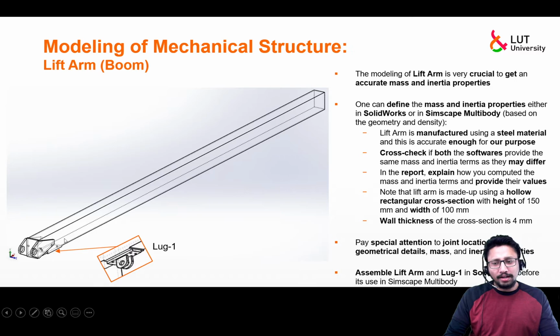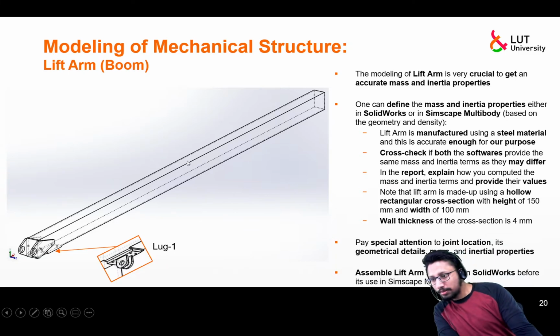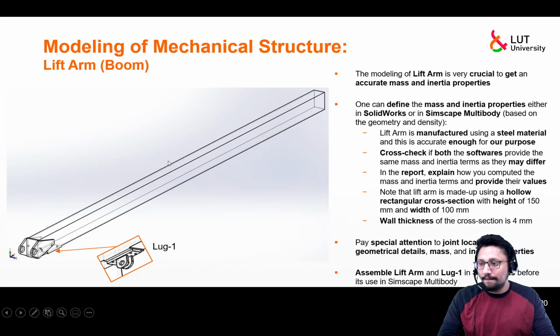So it would be a good idea, once you have modeled this part, to assemble this lift arm with lug 1, and then export it in order to use it for Simscape Multibody. I hope it is visible.